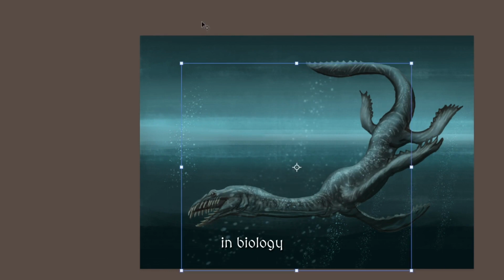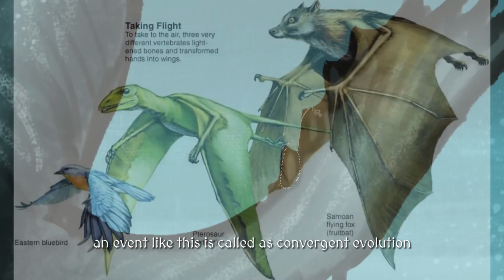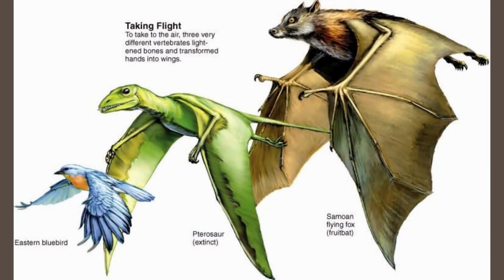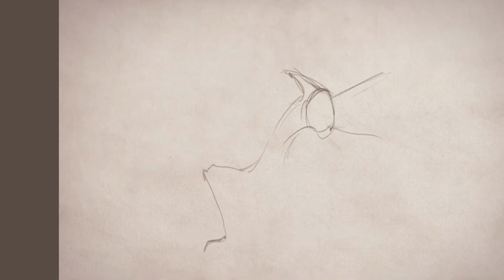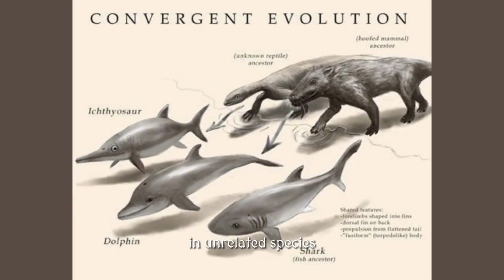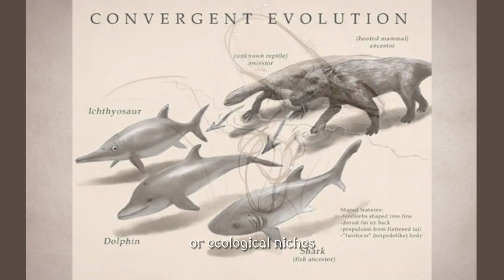In biology, an event like this is called convergent evolution. Convergent evolution is the independent development of similar traits or features, like body structures or behavior, in unrelated species that typically occupy similar environments or ecological niches.